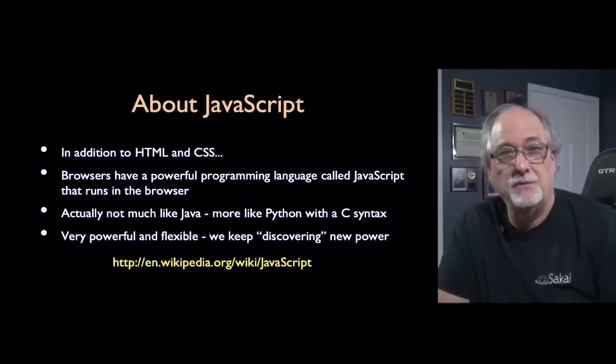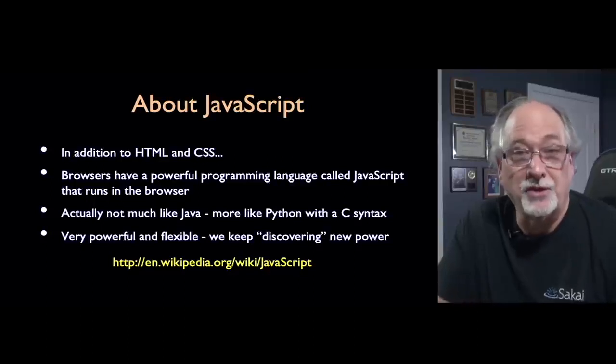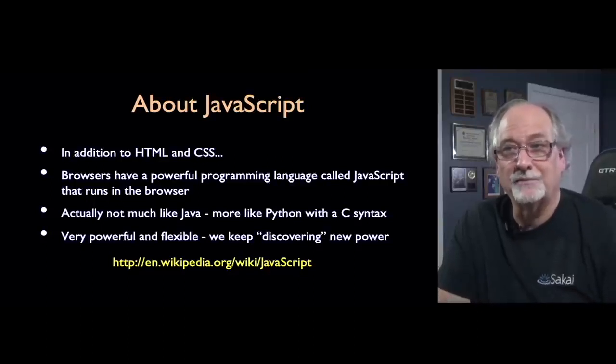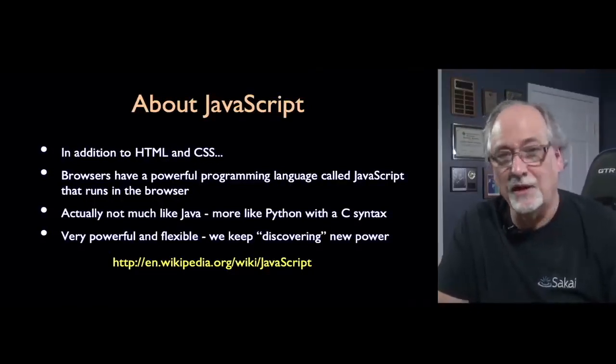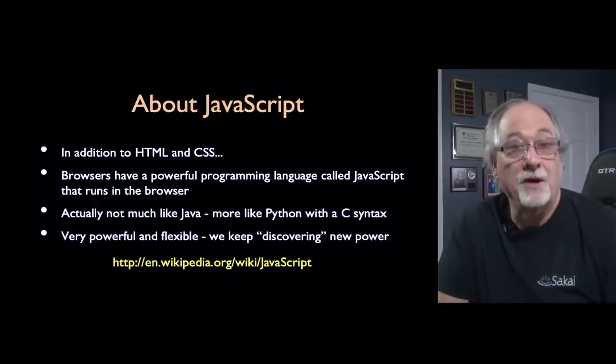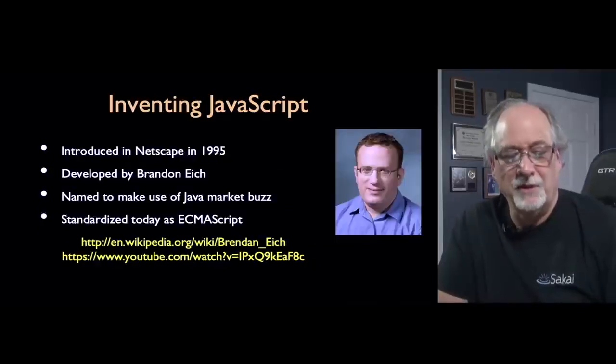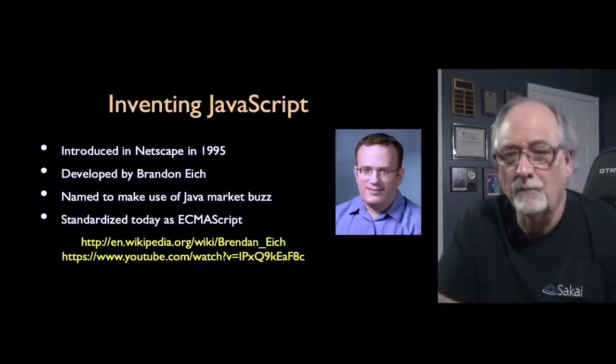Even though it's named like Java, it's really more like Python in how it works, except that it has a C-like syntax. And it's really an amazing language, and for a lot of people, it's their number one favorite language. So it's worth learning JavaScript even if you love Python.